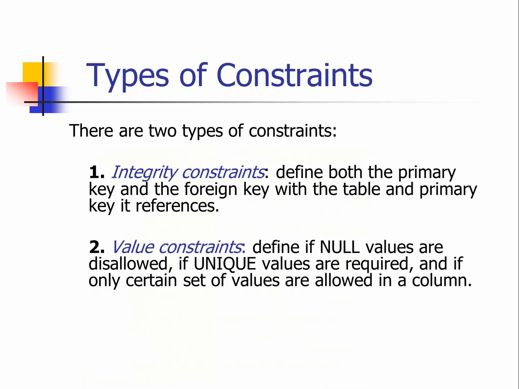Now let us take a look at the constraints. There are two types of constraints that you can define. One is called integrity constraints, which define the primary key and foreign key. Value constraints indicate whether null is available, whether unique needs to be satisfied, or whether non-null is going to be enforced. Those constraints are called value constraints.